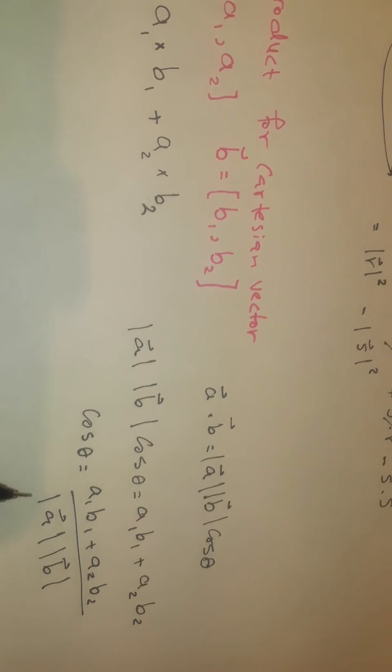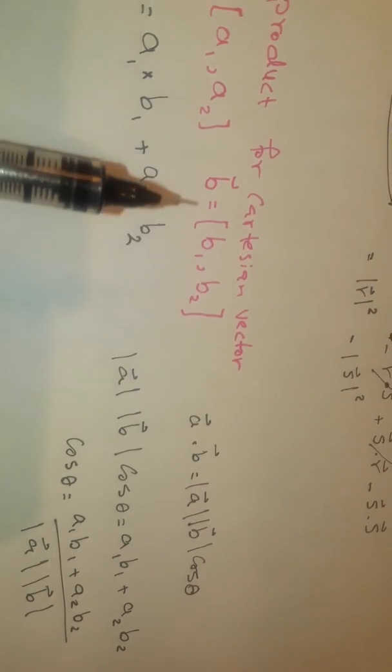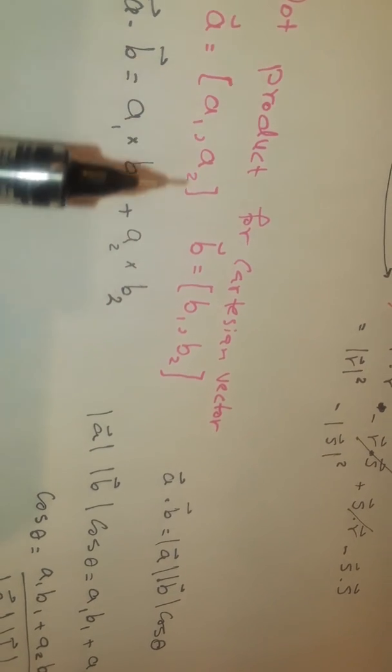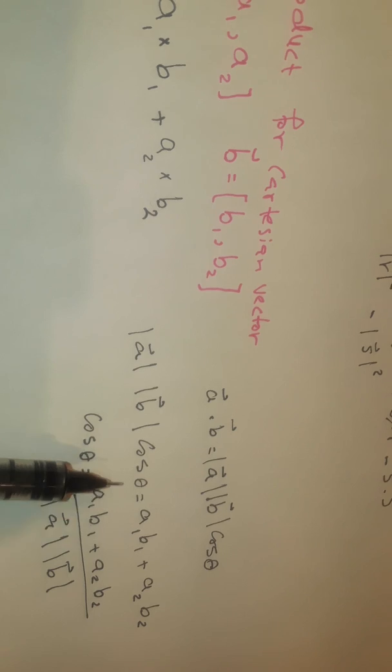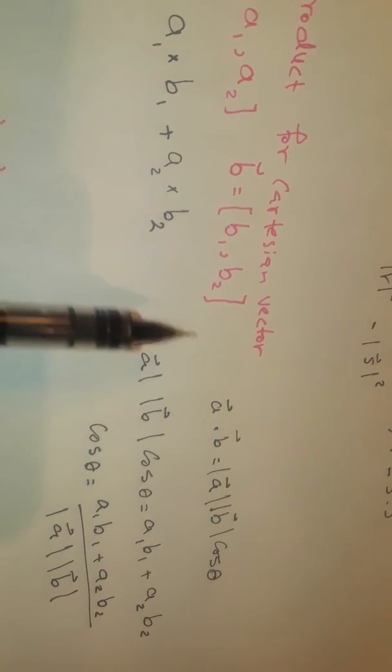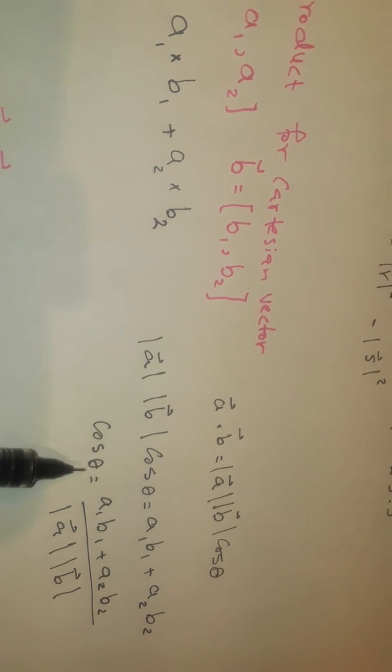It says that if you know two vectors' components, the x and y components, I can find the angle between the two vectors by using the two different ways to dot product, equating them to each other and rearranging for cosine theta, then finding angle theta.